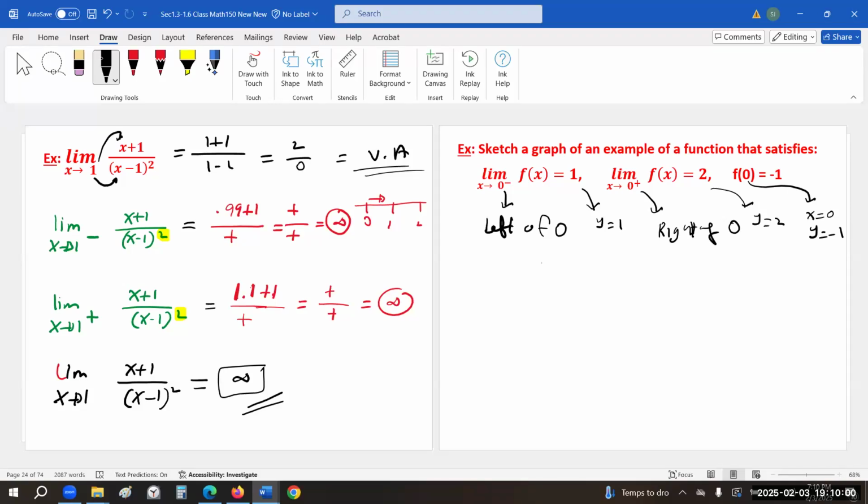So let me do this. We have y value 1, y value 2, and y value -1, and the center of this graph is around 0.